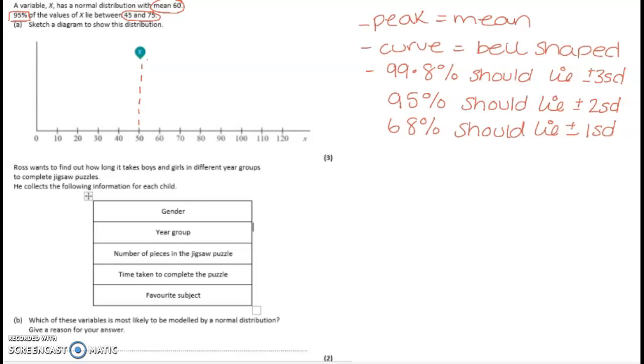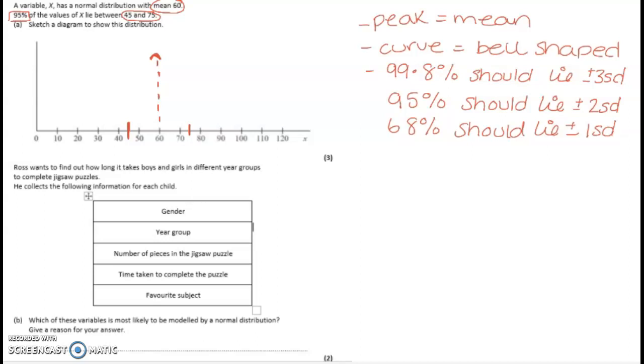I do apologise. It says the mean is 60, not 50. There we go. It says 95% of the data lies between 45, which is here, and 75, which is here. So it doesn't touch the bottom there, but it's getting pretty close.